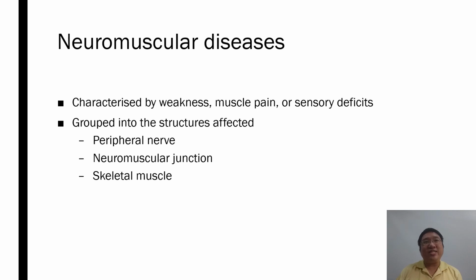Neuromuscular diseases are characterized by weakness, muscle pain, or sensory deficits. They can be divided into diseases of the peripheral nerve, diseases of the neuromuscular junction, and diseases of the skeletal muscle.